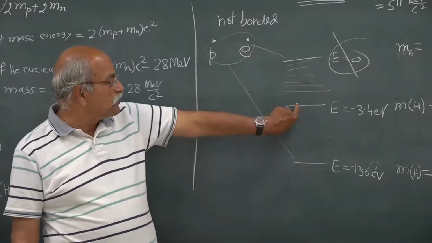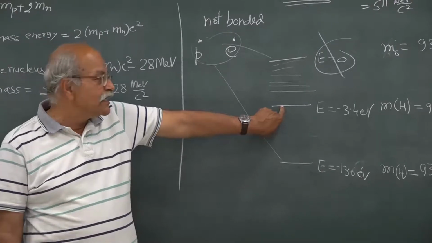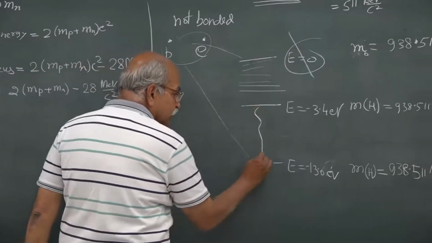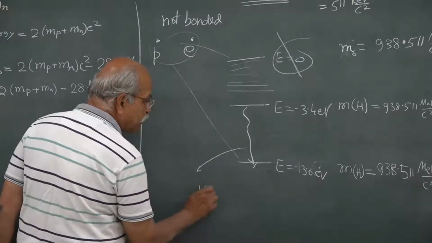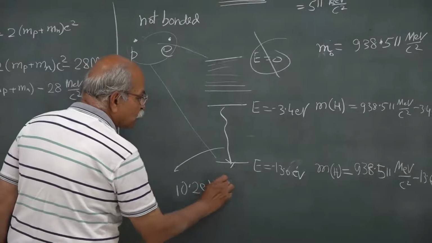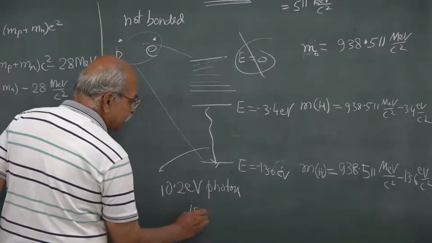If you put the hydrogen atom in the first excited state, it de-excites, and a photon of this minus this, 10.2 eV, is emitted. We will talk of photons later.